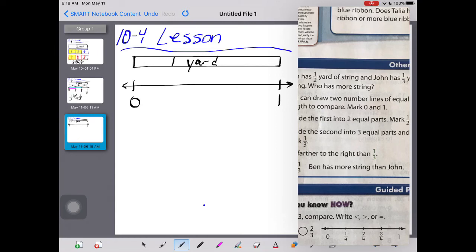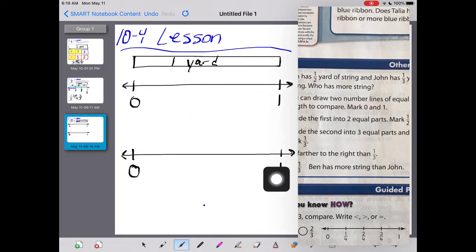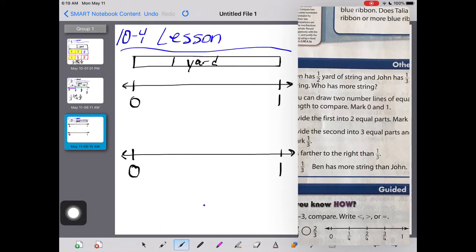And that'll be for Ben. And then I'm going to draw another number line. Make sure it's the same length, guys. You want to make sure that the yard is equal to the same yard. A yard is a yard, and you can't make 1 yard longer than the other. So if you notice, I've done a pretty good job of making sure we got my zeros lined up and then my 1 lined up.